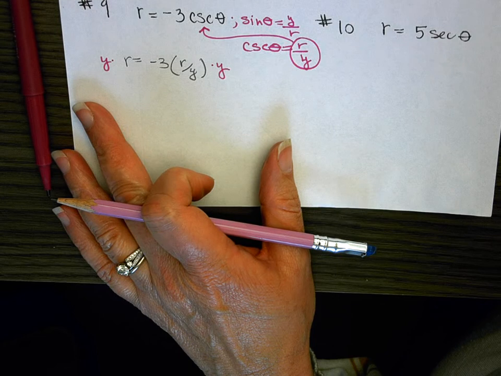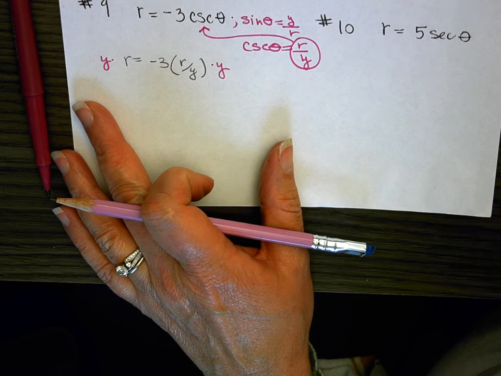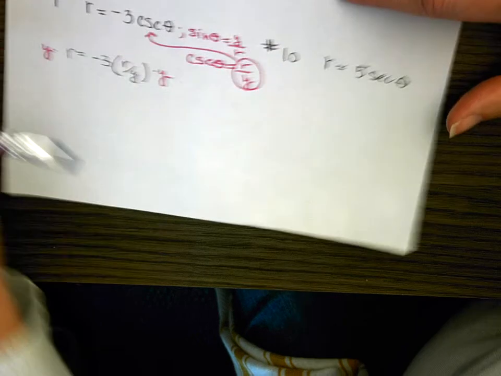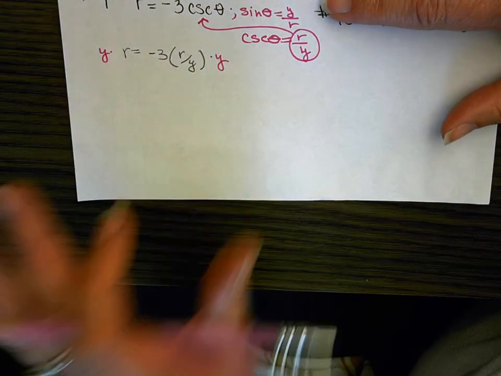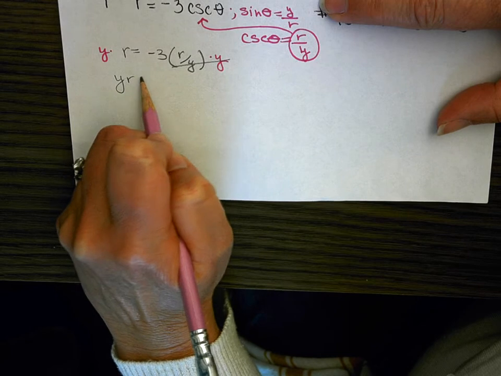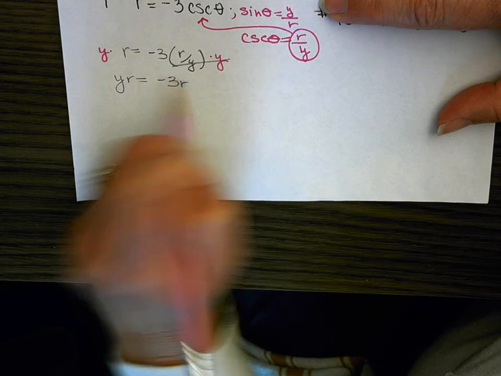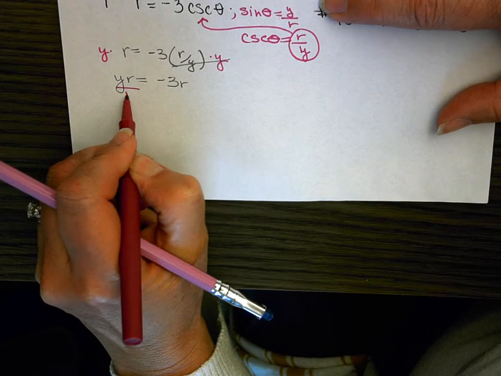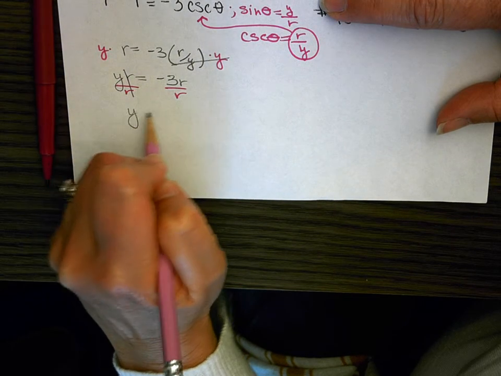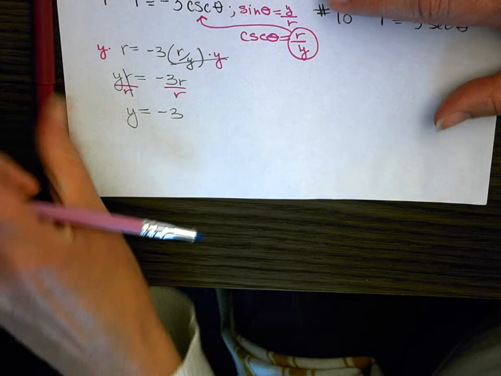I'm trying to think of the mathematical word, but I've totally forgotten. But anyway, I'm doing that thing. Okay, so the y's are going to cancel. So I would have ry is equal to negative 3r, and then get rid of those r's by dividing both sides. So I would have y equals negative 3.